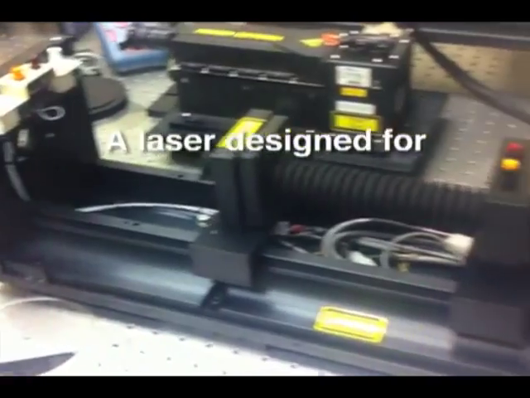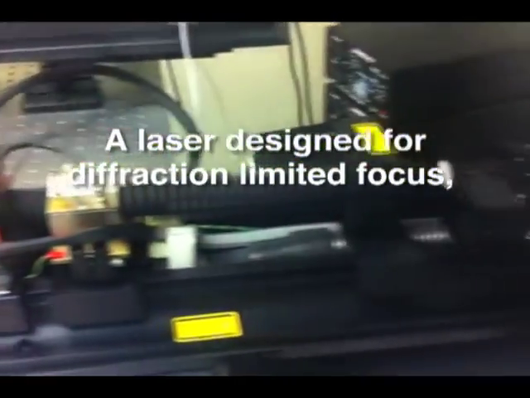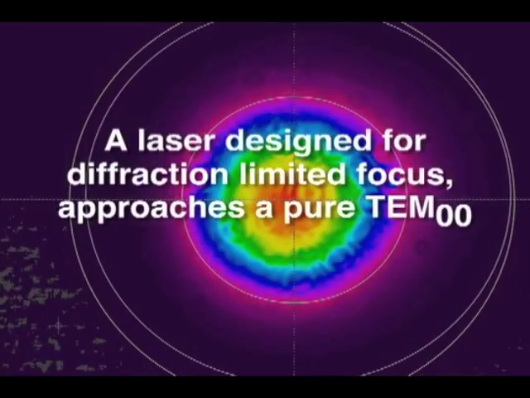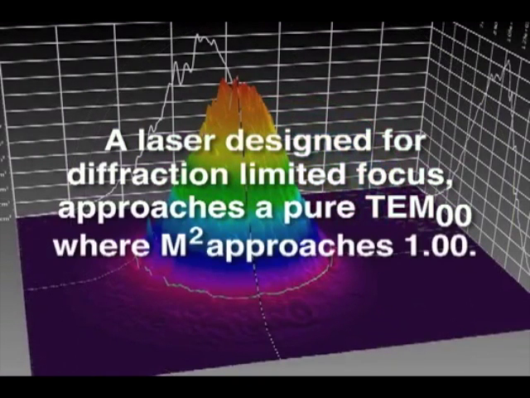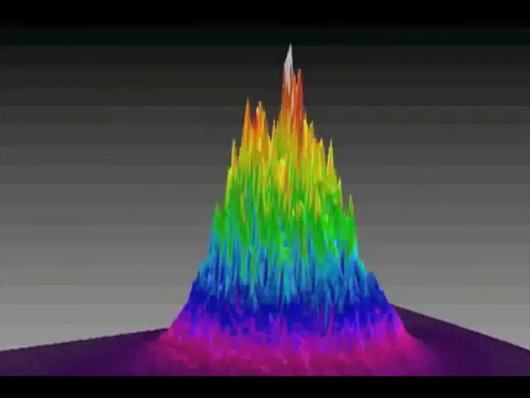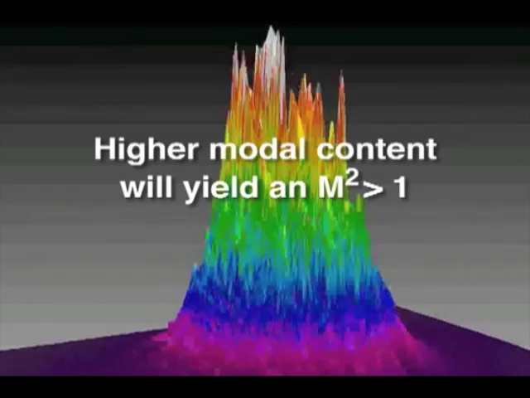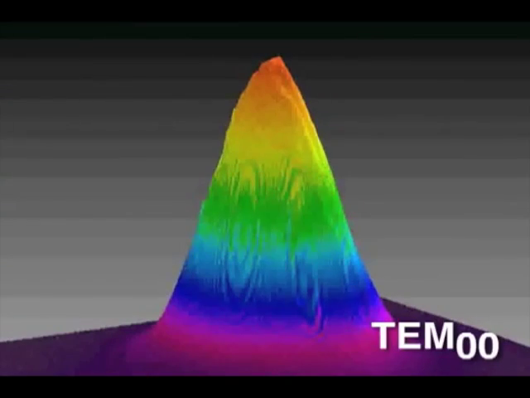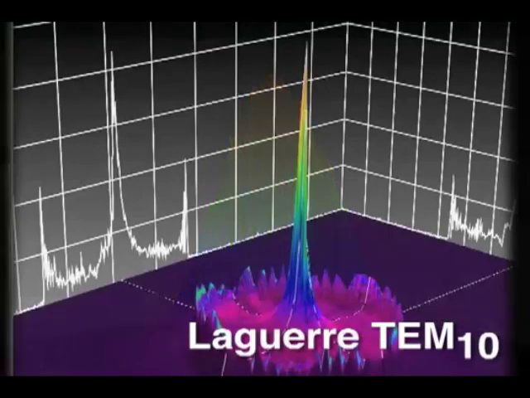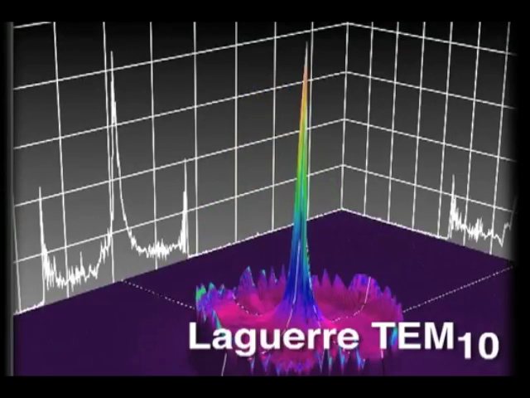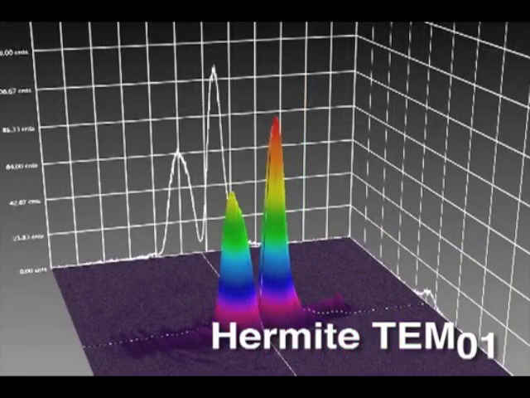A laser designed for diffraction-limited focus is one that approaches a purely single-mode TEM00, where the m² value approaches 1.00. A higher modal content will yield an m² value greater than 1. Thus, the final m² value of a laser depends on the percentage of all modes present in the output beam.